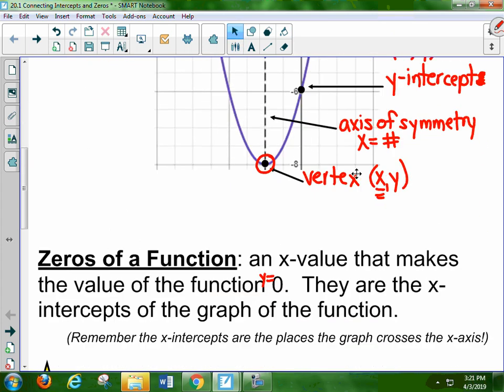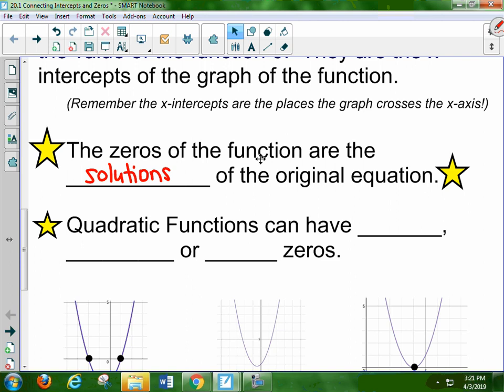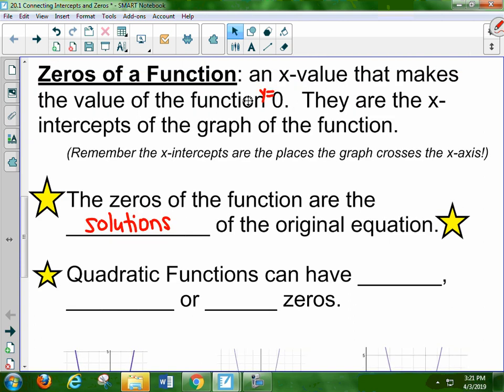Do you think every parabola has to cross in two places? Okay. In this case, we know that quadratic functions can have two zeros. Does it always have to be two though? And the answer is no. It could also have one, or it could have no zeros.